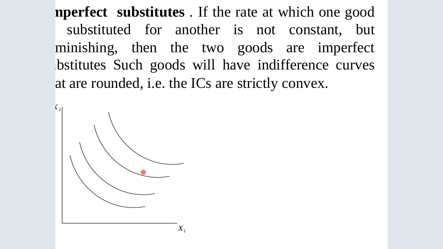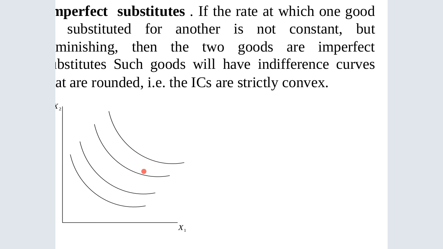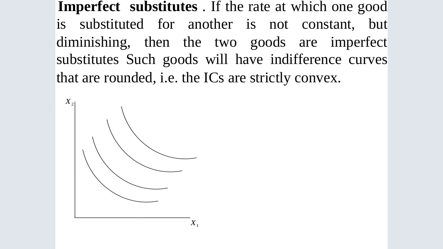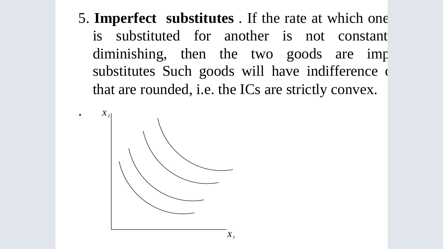And those are imperfect substitutes. And the imperfect substitute will have an indifference curve that is strictly convex to the origin. Now, those are the shapes of the indifference curves that we can talk about.